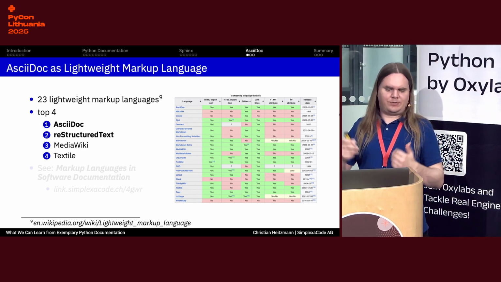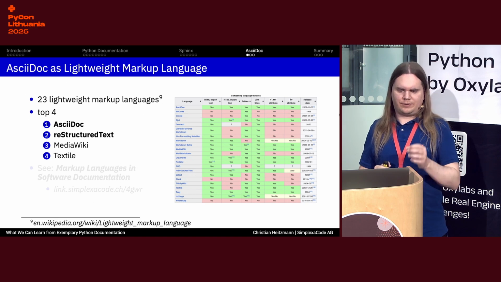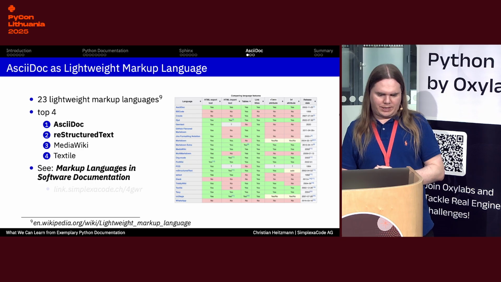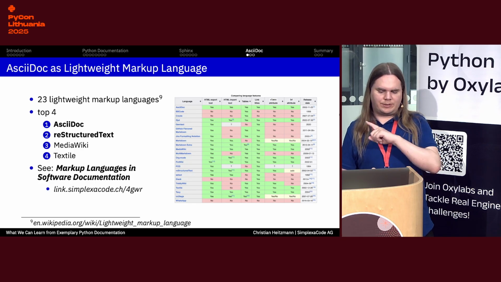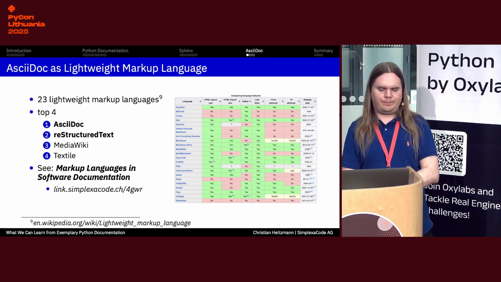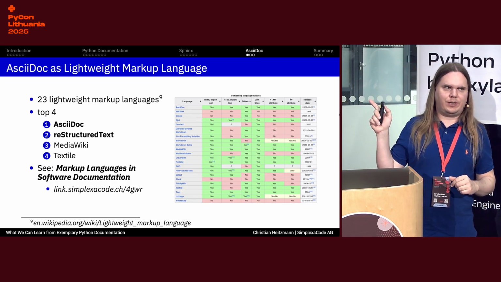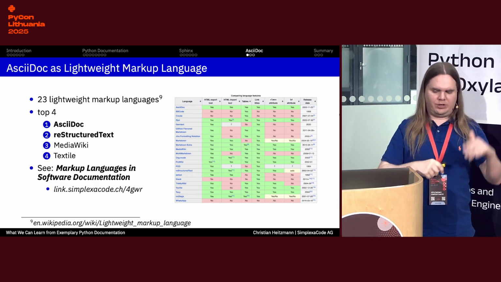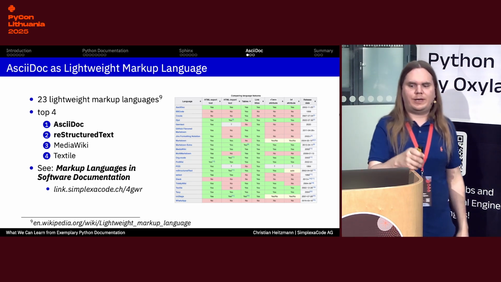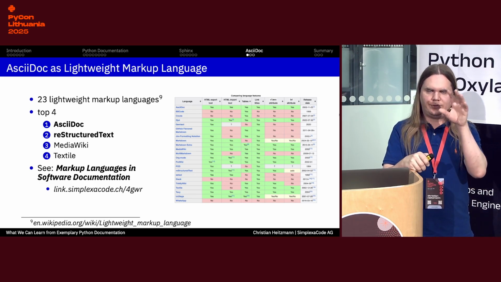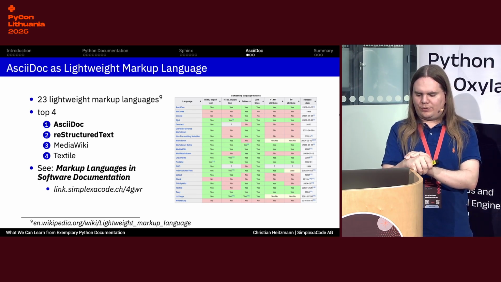However, it has the same functionality as AsciiDoc, but AsciiDoc, for me, is smoother and even a nice thing for non-tech people. If you want to read about the history of all this, how I did it, read this article, which you already have the link for. Markup languages and software documentation, that's the English translation I gave you. It originally was a German article published in a German IT magazine, Java Magazin, and this is the English translation, which tells you the basics about lightweight markup languages.